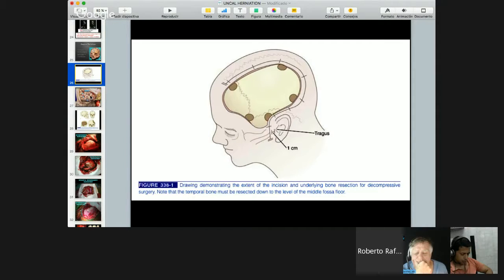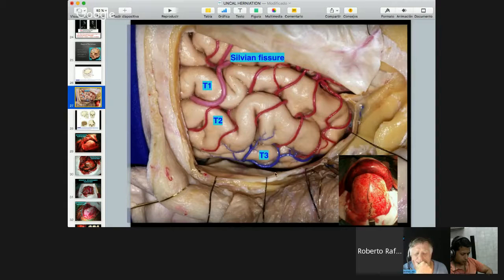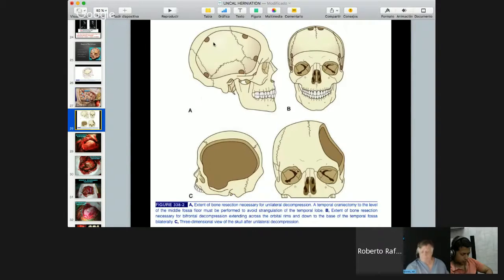It is very important to remove the temporal bone squama because then we can have the temporal lobe completely free. This is the aspect of the craniectomy we prefer to do, very down here in the temporal area.